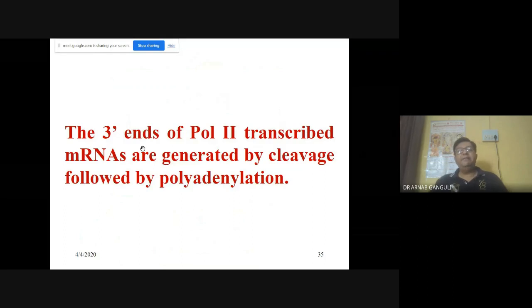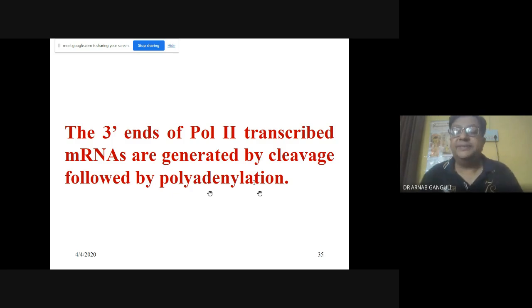So the 3' ends of polymerase 2 transcribed mRNAs are generated by cleavage followed by polyadenylation. So the AA signal comes, and the transcript is cut, kachak, and after the cut, A is added behind it. So this is how it works.